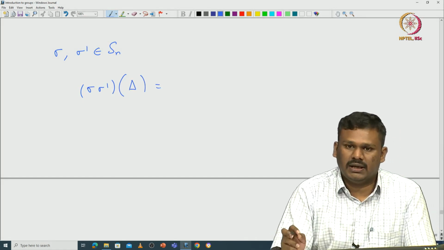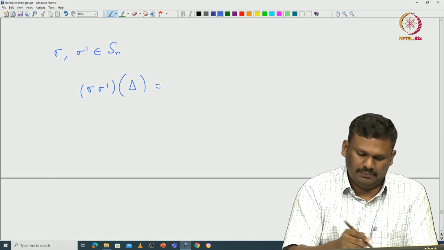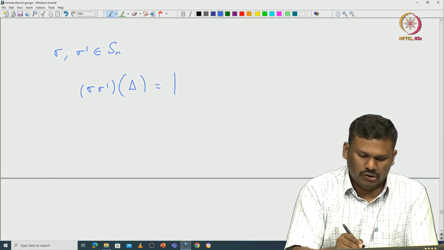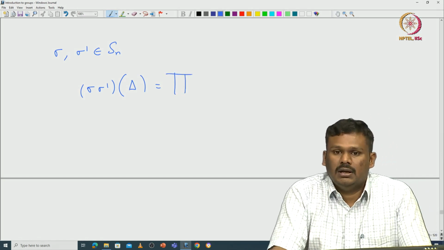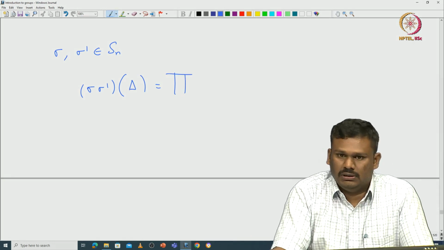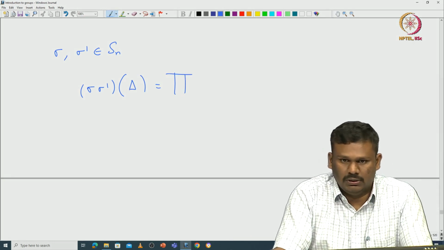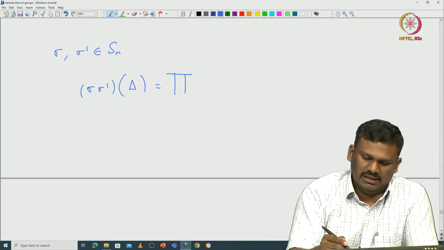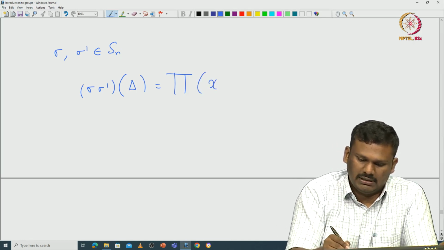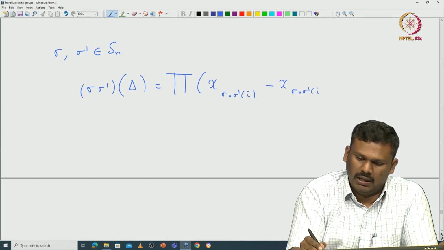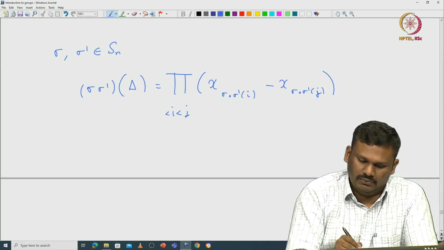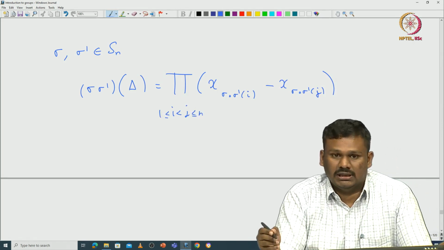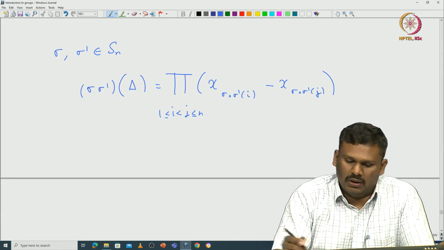The composition is going to permute. It is basically the product of x_{sigma composition sigma dash of i} minus x_{sigma composition sigma dash of j}, where i and j vary from 1 to n such that i is less than j.